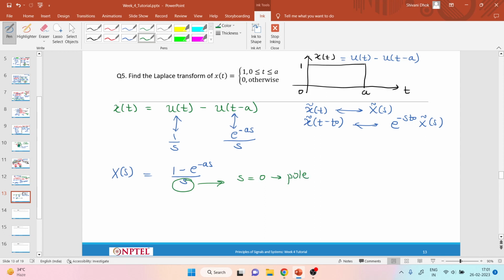But my region of convergence is the entire S-plane excluding this point s equal to 0, because based on the definition of ROC, poles cannot be in your region of convergence, and therefore the entire S-plane is your ROC with the fact that s equal to 0 is not included. I hope this is clear to everyone, and if it is, I'll move on to the next question.